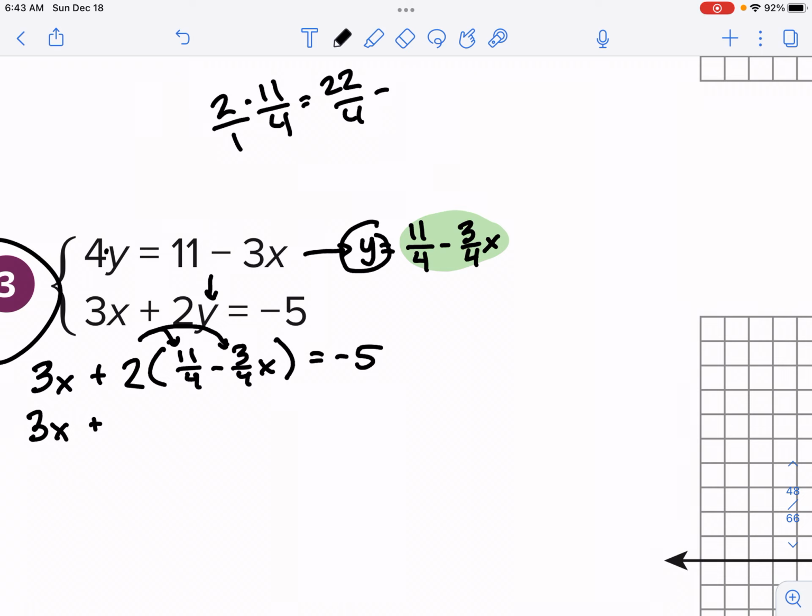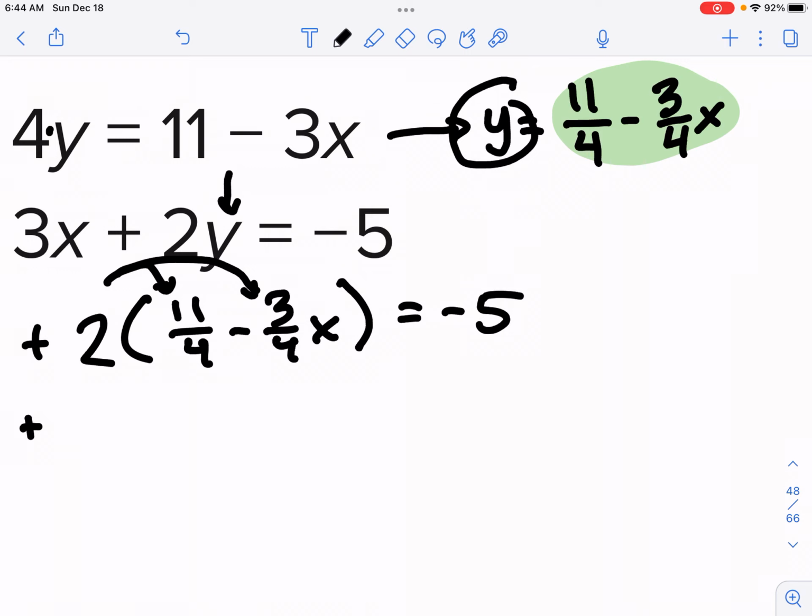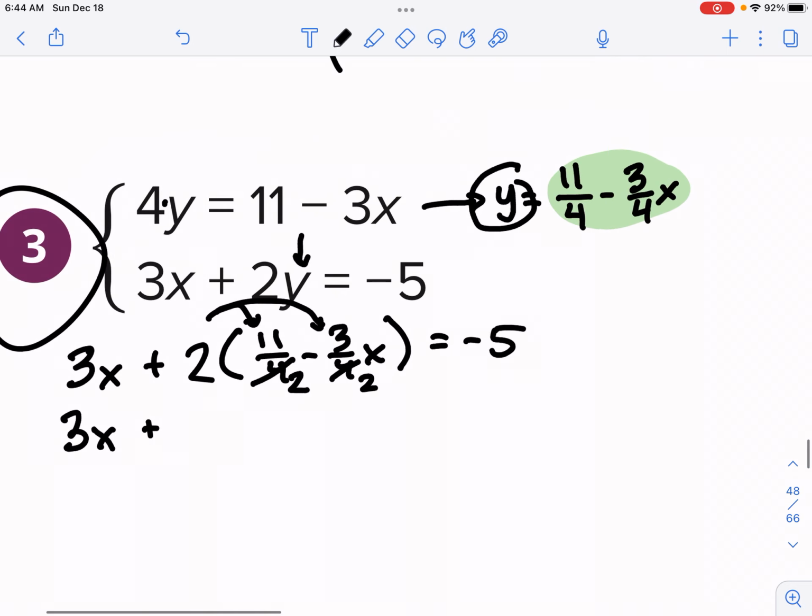I could divide both of them by 2, and we would get 11 halves. So what happens here, when you multiply by something, you actually just divide the numerator or denominator. So how this becomes 11 halves: cut this, divide that by 2, cut this, divide by 2. So the term that we get, instead of 11 fourths, we'll get 11 halves, minus 3 halves x. And this is all equal to negative 5.